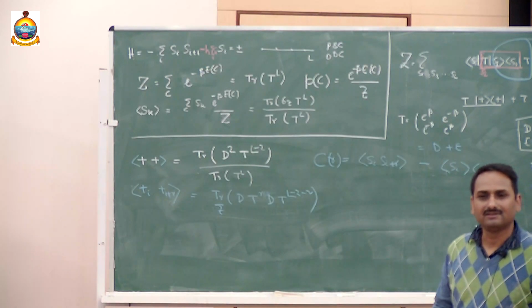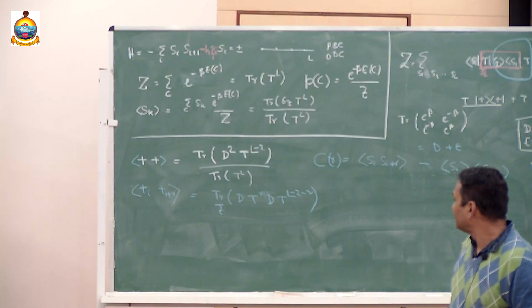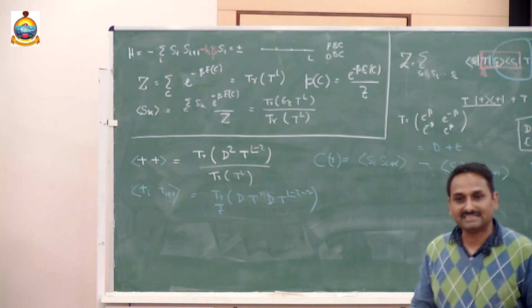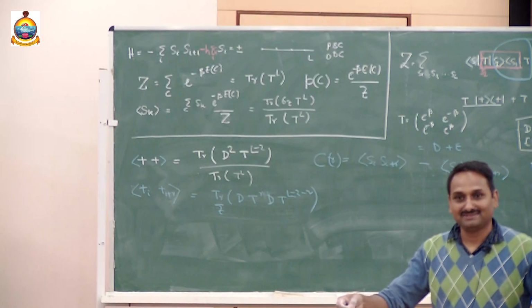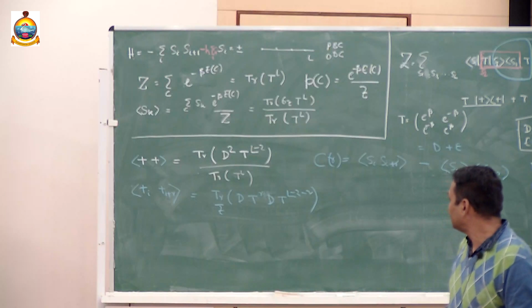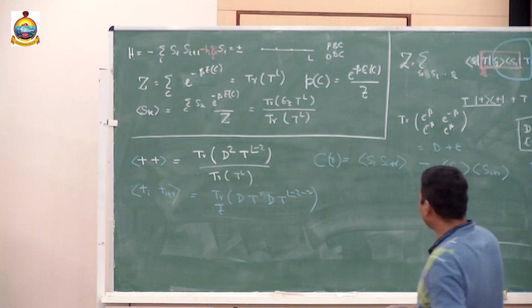If R is 1, we should get the plus plus result, right? The distance is R, and it depends on how you want to define it.